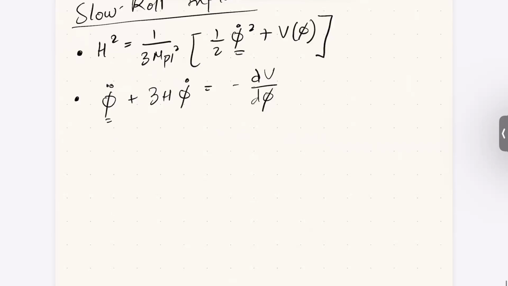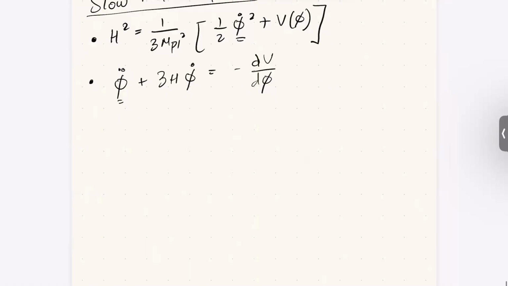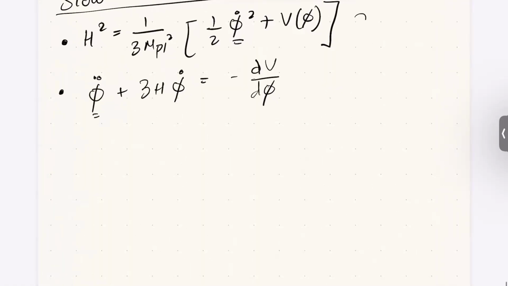So now, note that these two equations can actually be combined into an expression for H dot. Using the two equations, I can write an expression for H dot. And this will be equal to minus half of phi dot squared over M Planck squared. Okay.